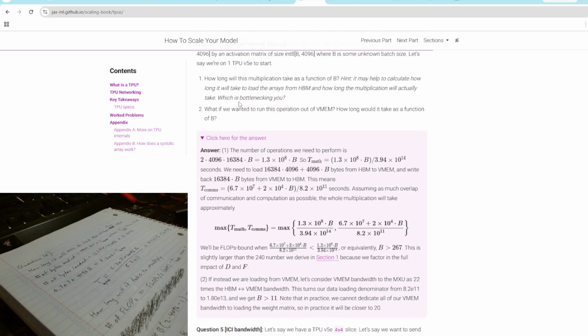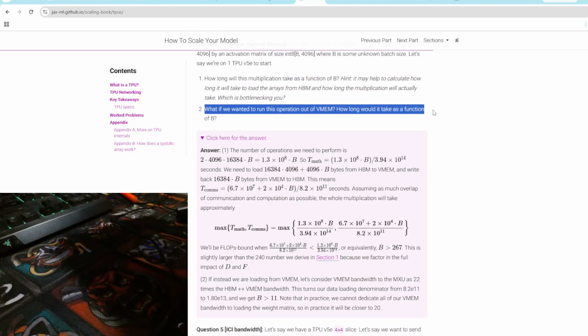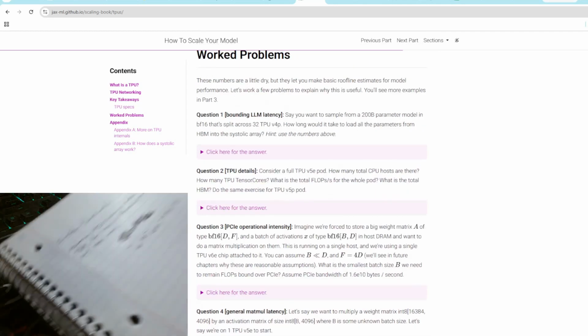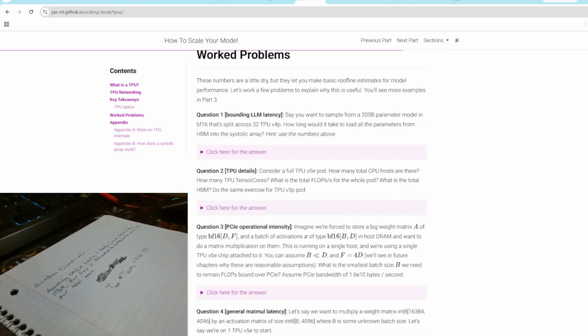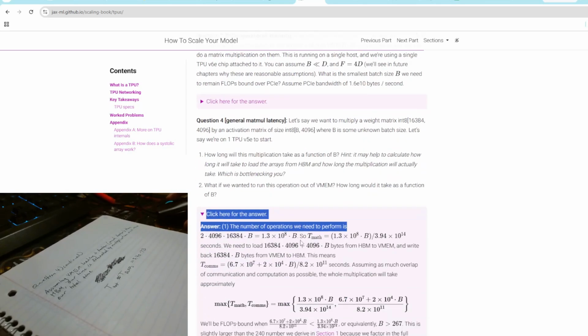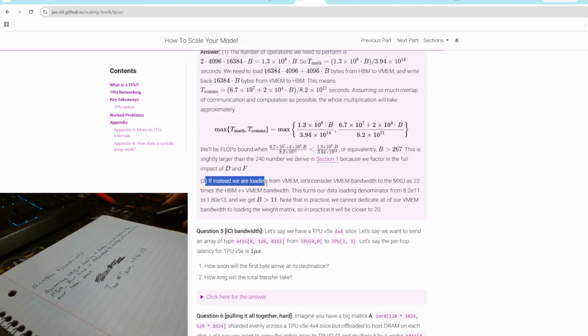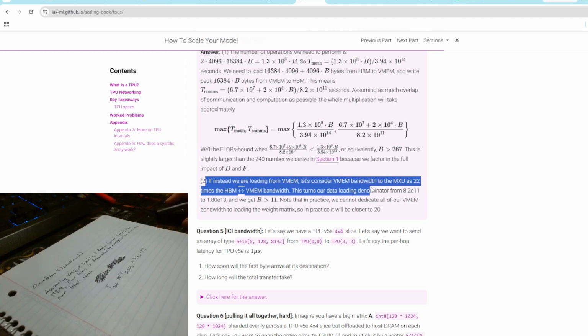Anyway, so on to 2. What if we wanted to run this operation out of VMem? Let's flip the page. VMem bandwidth to the MXU is 22 times the HBM. This turns our data loading denominator from 8.2 e11 to 1.8 e13. We get B greater than 11.